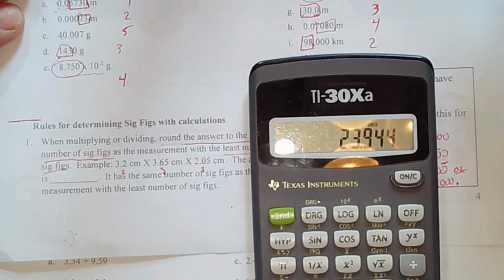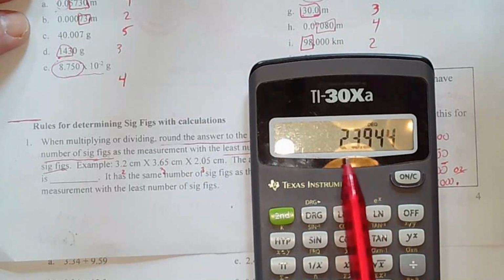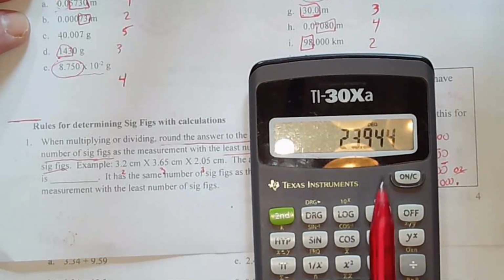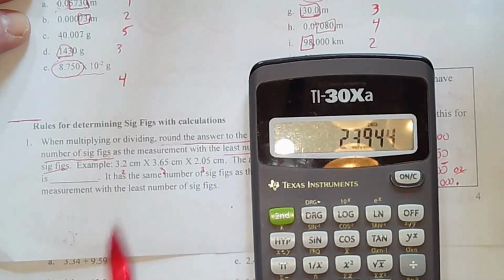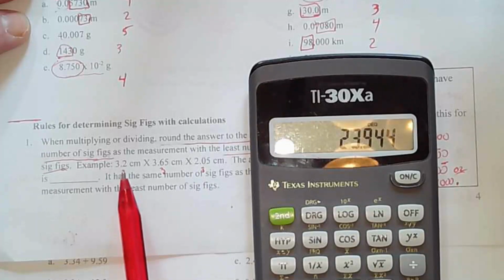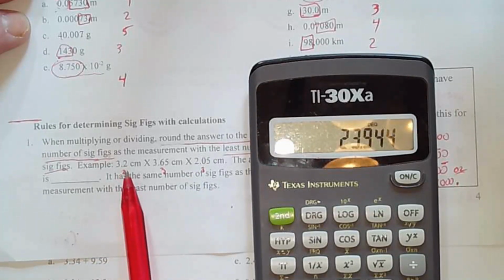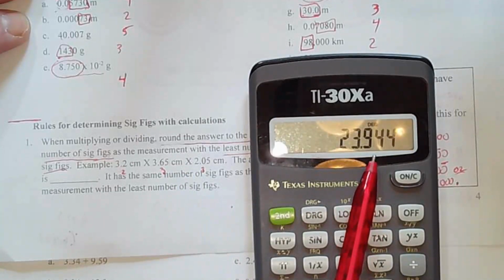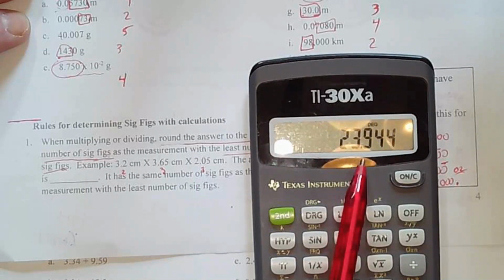Hopefully it makes sense that you would not be able to report 23.944 with any confidence that it is the exact number based on these measurements. Likewise, this was measured on a ruler that could measure the nearest tenth of a centimeter. These two were to the nearest hundredth. This answer here is to the nearest thousandth of a centimeter, in this case, cubic centimeter.